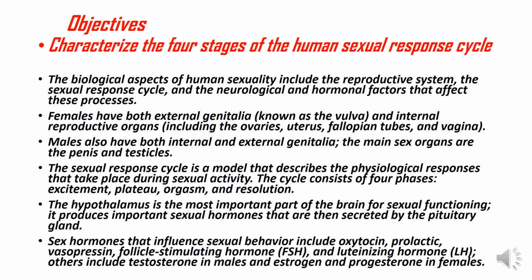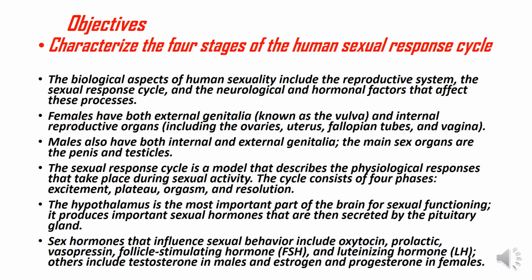The hypothalamus is the most important part of the brain for sexual functioning, my dear viewers. It produces important sexual hormones that are then secreted by the pituitary gland.